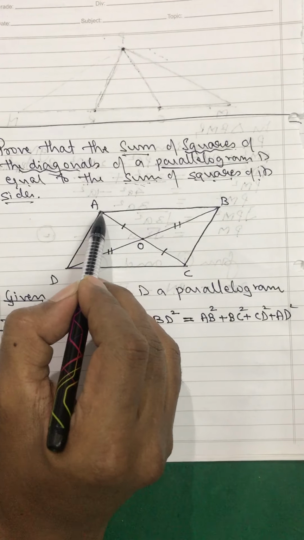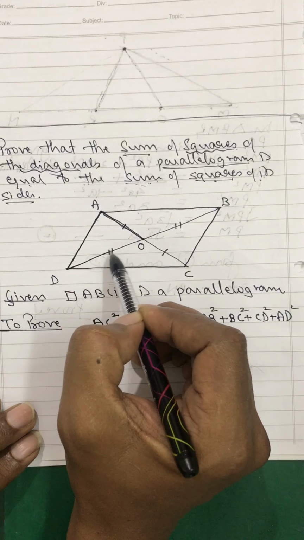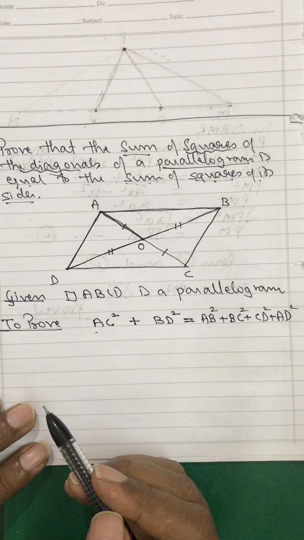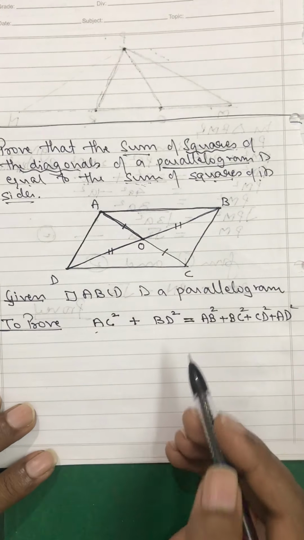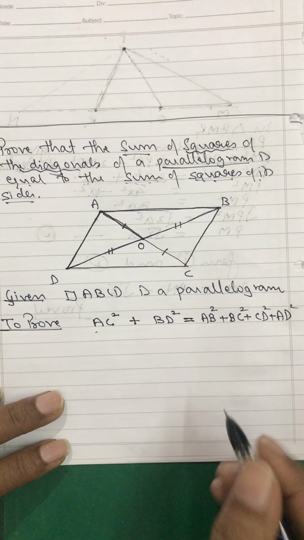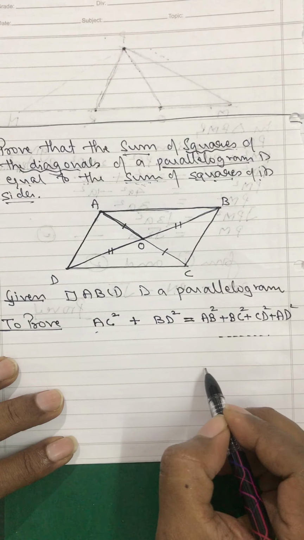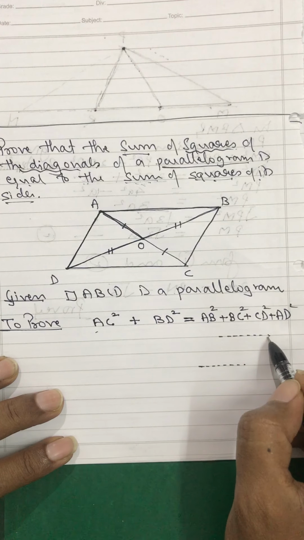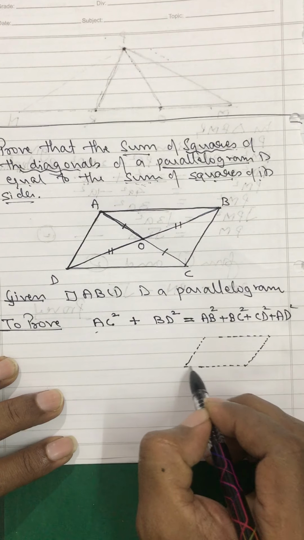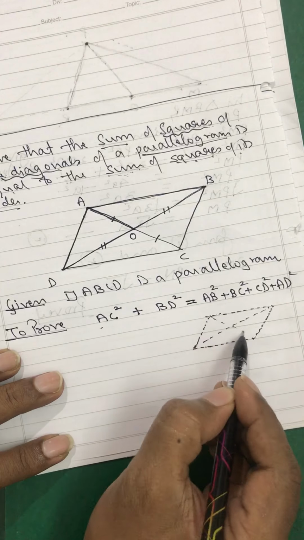So we can say that AO is a median of triangle ADB. If I apply the Apollonius theorem over here, I hope you all are able to understand this, but in case you have any problem.